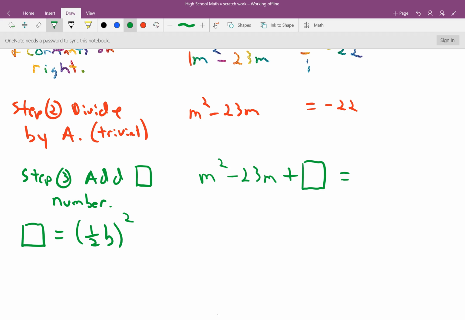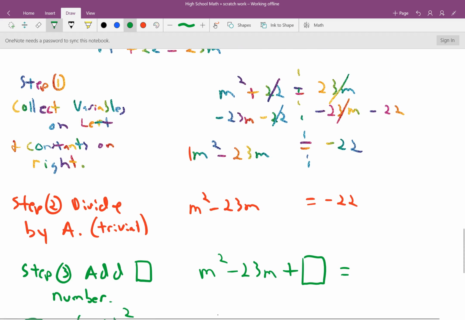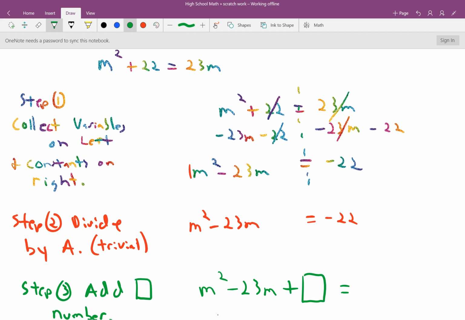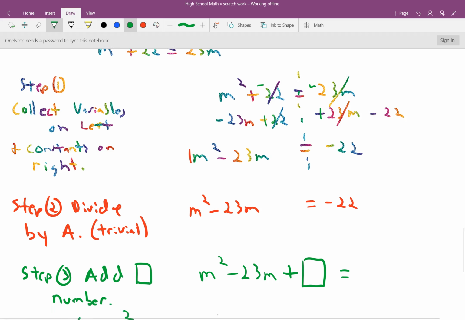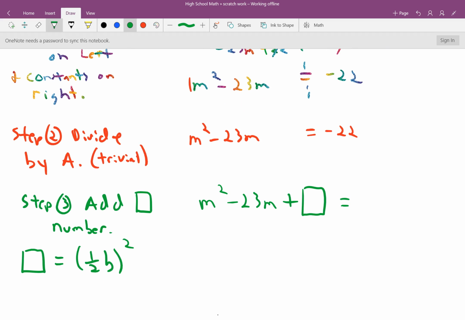This one's going to be a little bit goofy. Was the original a minus 23 on the other side? Okay, this should have been minus, so this was plus. This should have been minus, so that was plus. This was a minus. Pardon me for that error. We should have a plus. Should be a plus 23 there.